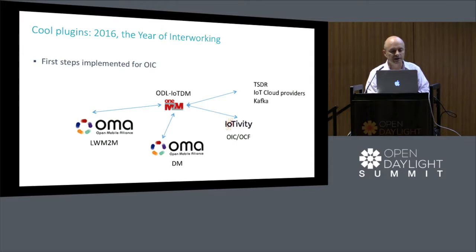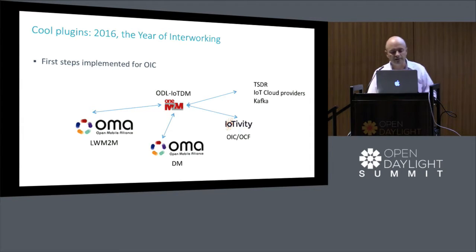So, some ideas of cool plugins. We're currently working on the OIC interworking plugin, and I'll show you in a minute how this works. Basically, oneM2M has a standard for lightweight M2M interworking. When you have a standard, it's very convenient because now you know which resources on one side have to be mapped to another set of resources on the other side, so you don't have to think as a developer.